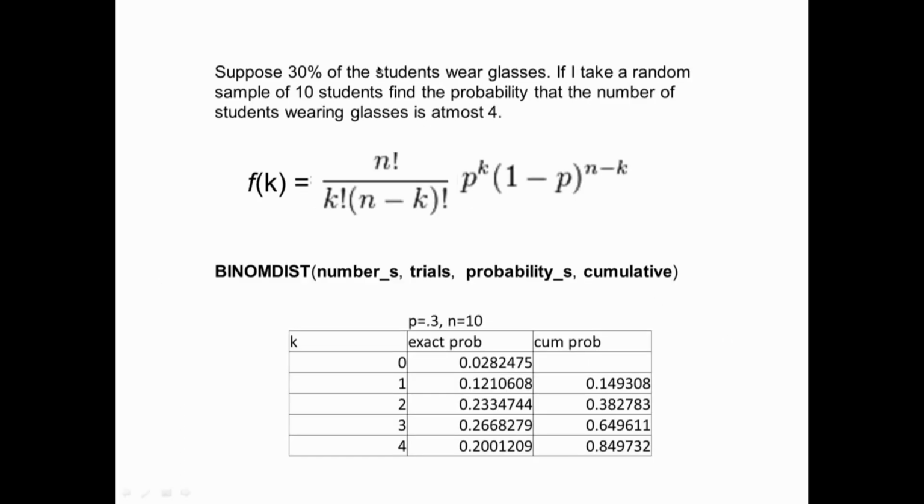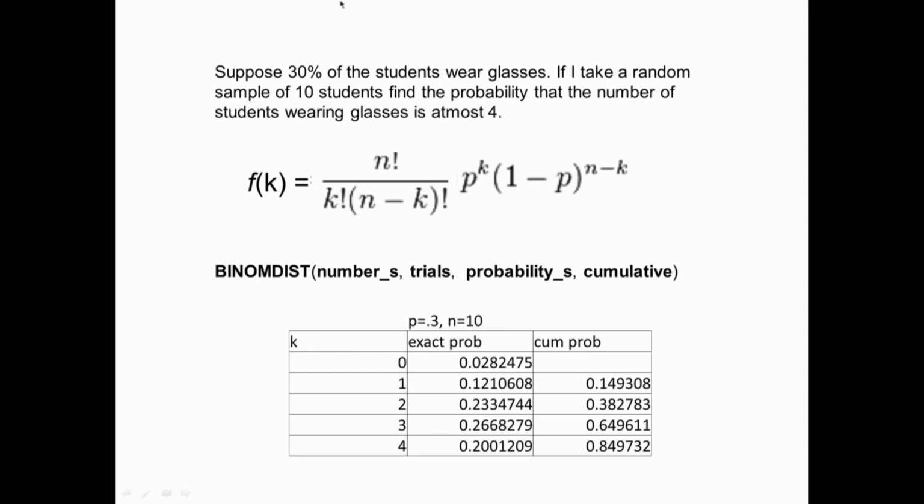Okay, let us look at another problem. 30% of the students wear glasses. So if I take a random sample of 10 students, find the probability that the number of students wearing glasses is at most 4. At most 4 means you can have different outcomes: you may get no one wearing glasses, we may get 1, we may get 2, or we may get all 4 wearing glasses.